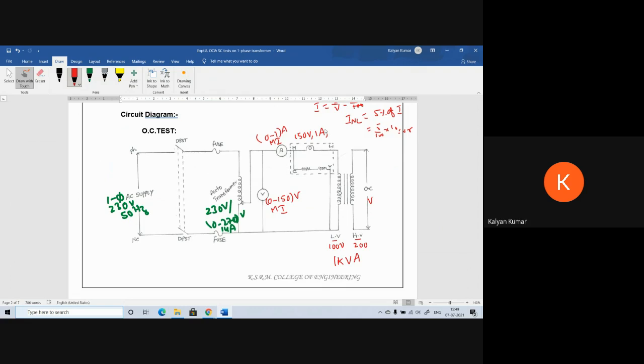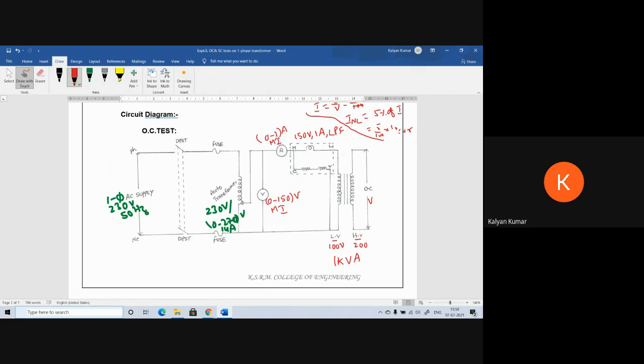At these operating conditions, we have two types of wattmeters in our lab. One is the LPF meter, another one is the UPF meter. The LPF meter operates at 0.2 power factor, and the UPF meter operates at unity power factor, that is 1. As under OC test the power factor will be less than 0.5, we can use the 0.2 power factor meter for measuring the power in this OC test. So, we need to use the LPF meter.